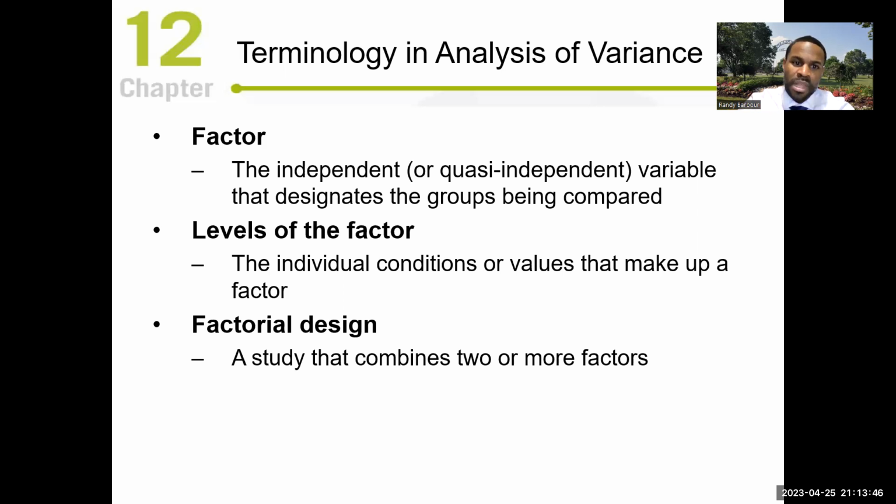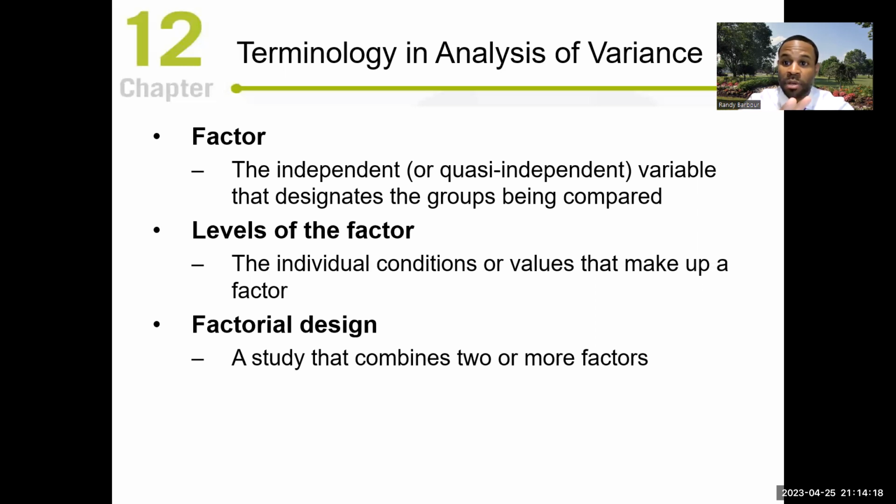With the analysis of variance, again, some other terminology that you should be familiar with is factorial design. So this is a study that combines two or more factors at once, right? So instead of it being just those three studying techniques, maybe I also want to incorporate male versus female. How does the performance vary for male versus female? So I'm adding another factor, right?